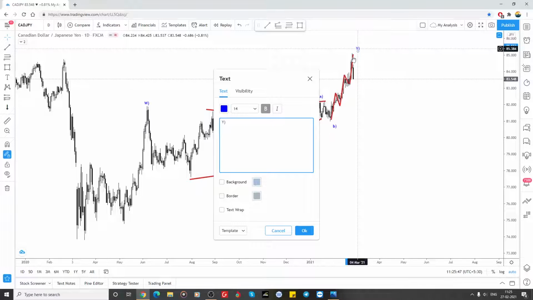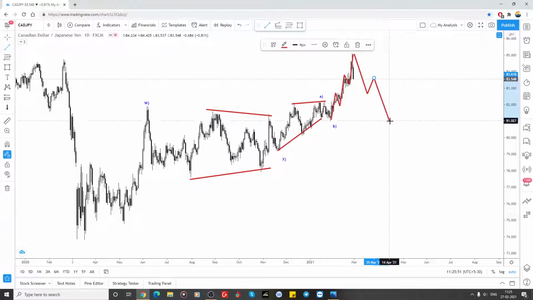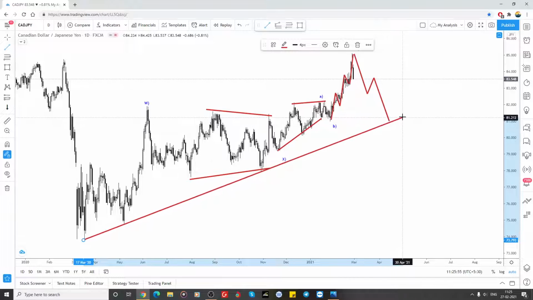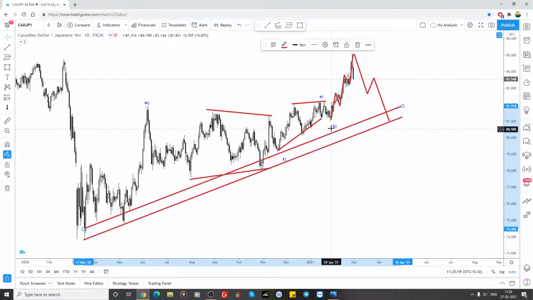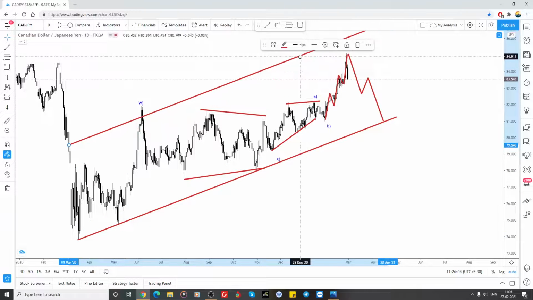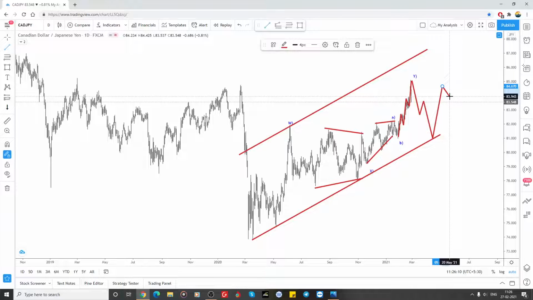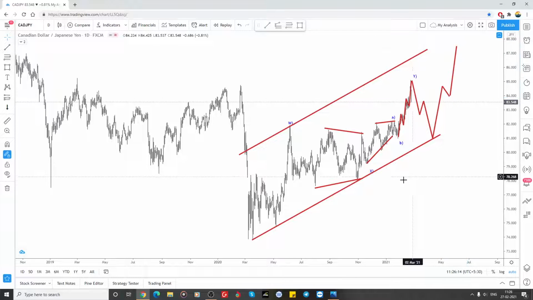So after the Y, we may be making one more three-wave structure. So for example, like here, just clone this and make this an upper trend line. So again it may reach, if a Z is possible, it can do like that.